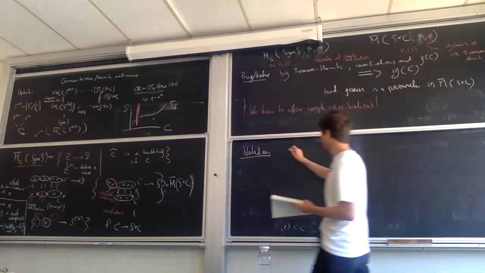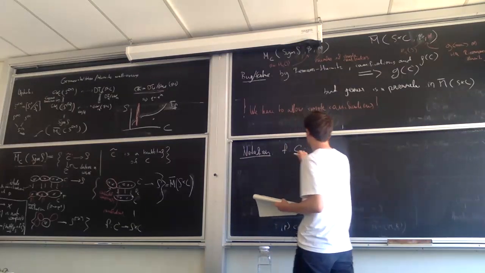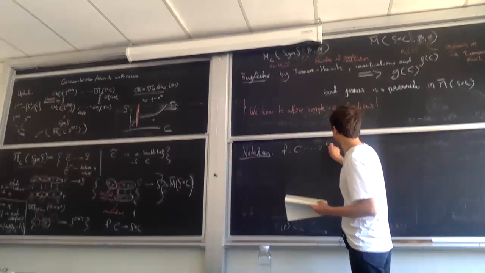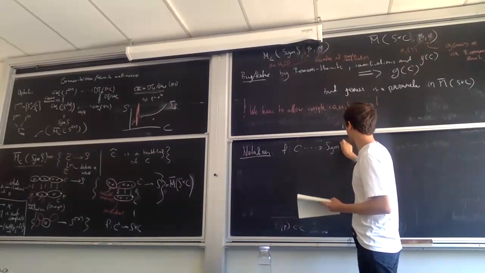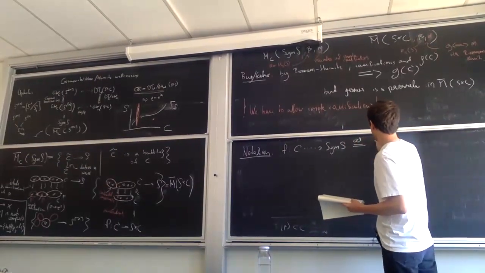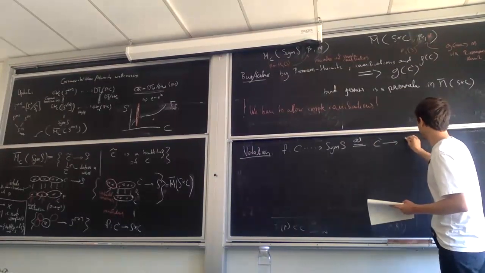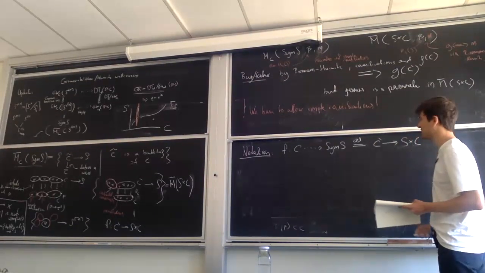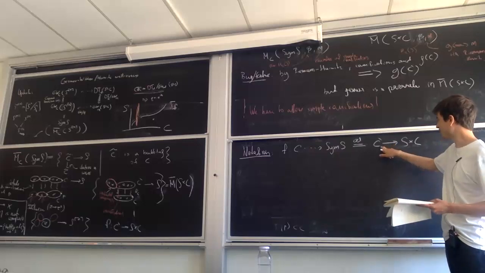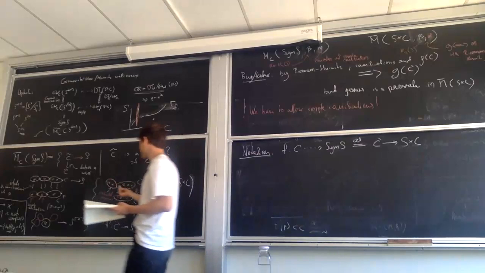The notation I'll write like that: C goes to symmetric power of S, to mean any map from some curve C prime to S times C. So in a sense, any map from C prime to S times C is some kind of a quasi-map.